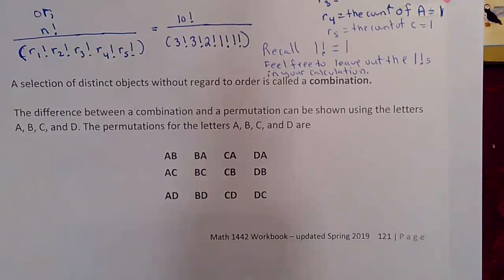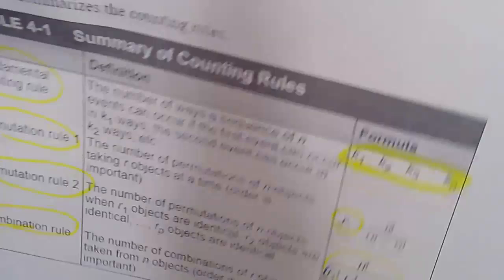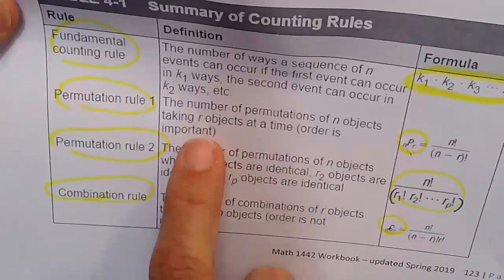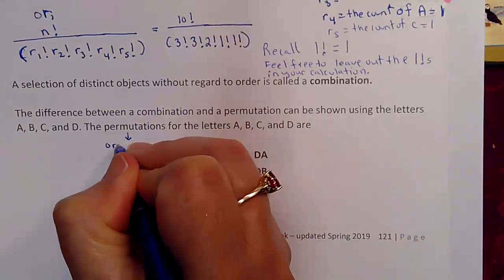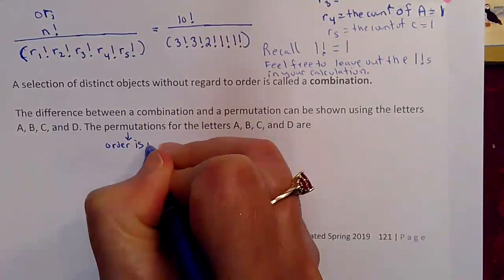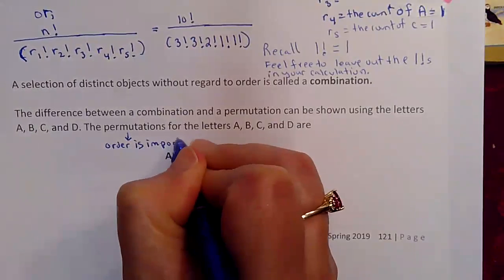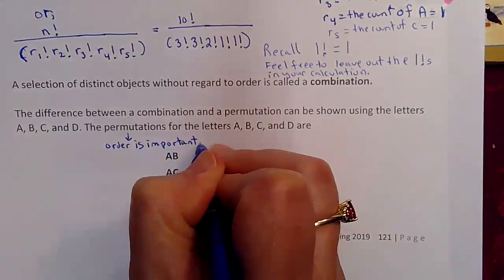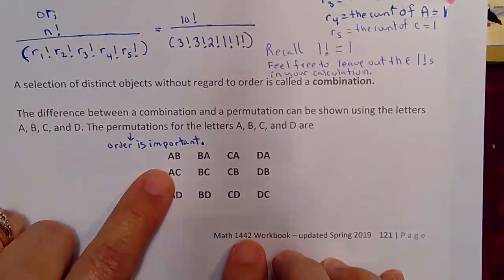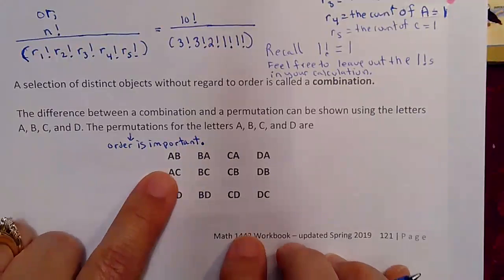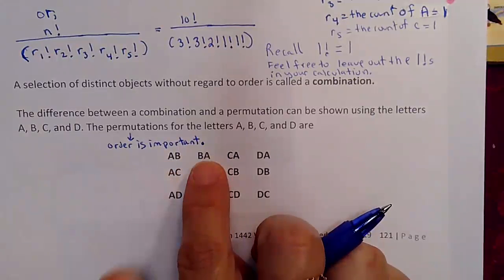The permutations for the letters A, B, C, and D are these. So remember what we said about permutations. If I go back to my vocabulary, remember we said with permutations that order is important. That means AB is different from BA.